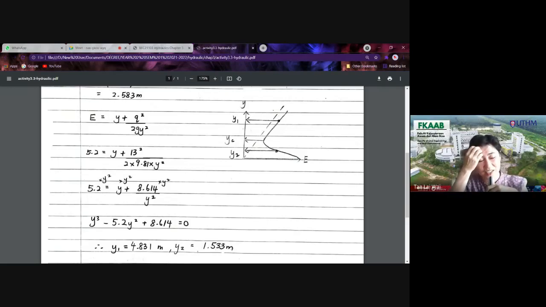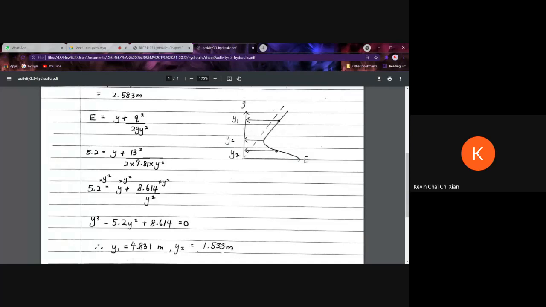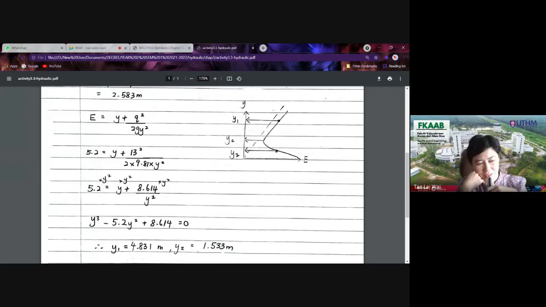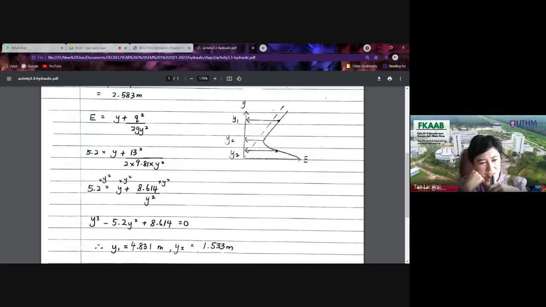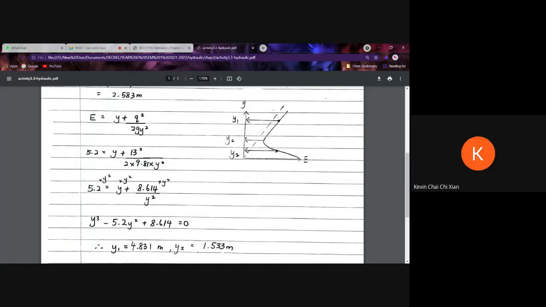And then we choose number 4 because number 4 can solve the cubic. Okay. And then we insert the values A, B, C, D. A is 1, B is negative 5.2, C is 0, D is 8.614. All right. And then we get the answer.